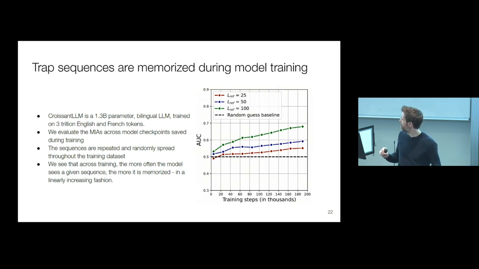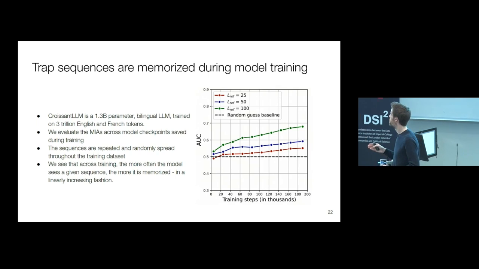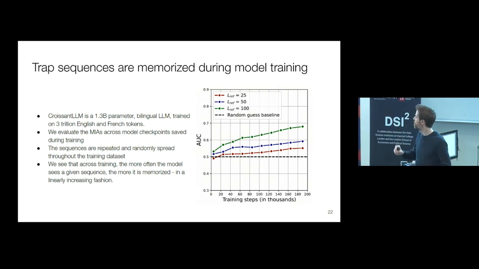I think this is for 100 repetitions. We repeat the same sentence 100 times, and that's sufficient, out of 3 trillion tokens, to get a 1.3 billion parameter model to remember that specific sentence in a way that we can then just look at the model and detect it.